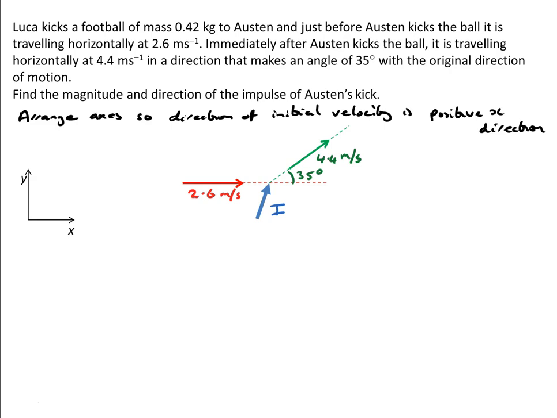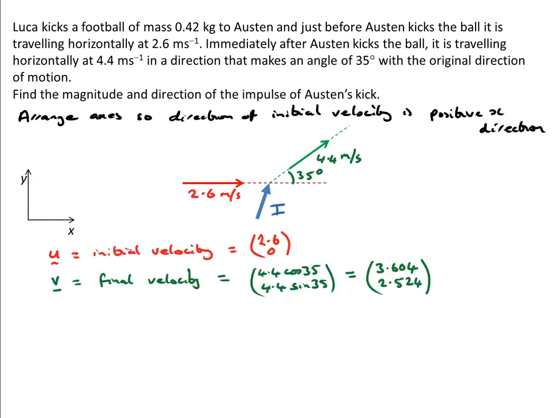So the initial velocity is simply 2.6 in the x direction and nothing in the y direction. The final velocity is 4.4 cos 35 in the x direction and 4.4 sin 35 in the y direction.